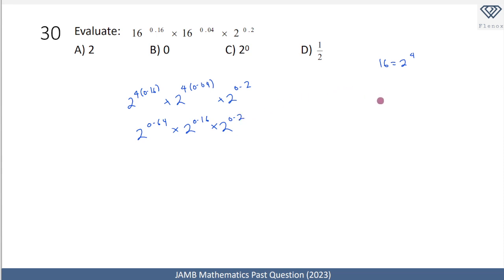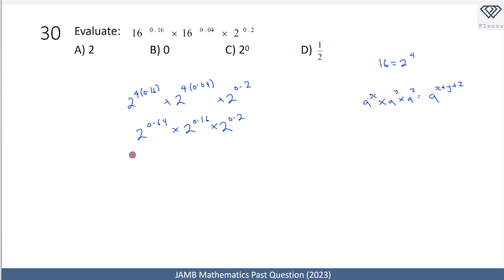Now remember from our law of indices, when you have a to the power of x times a to the power of y times a to the power of z, that is the same thing as having what? a to the power of x plus y plus z. Because when you have the same base and you're multiplying, you can just take one of the base and sum up the exponents.